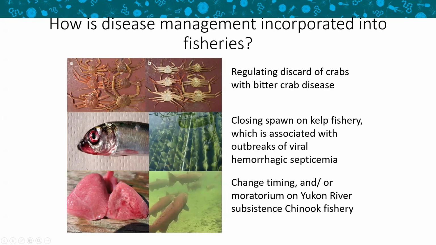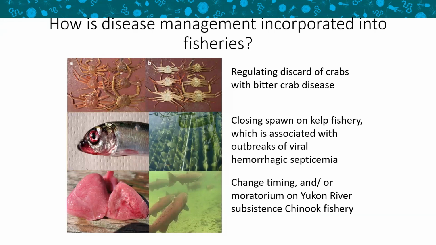And then here's another example with the Yukon River salmon that are getting ichthyophonus, which you can see in this light colored speckling in the heart of this Chinook here. That's been associated with mortality of these fish before they are able to spawn.